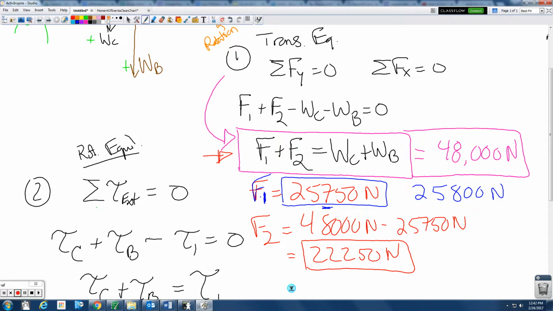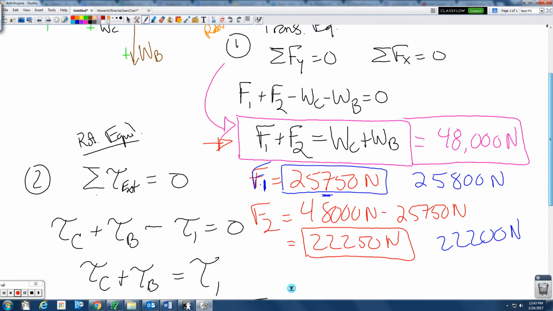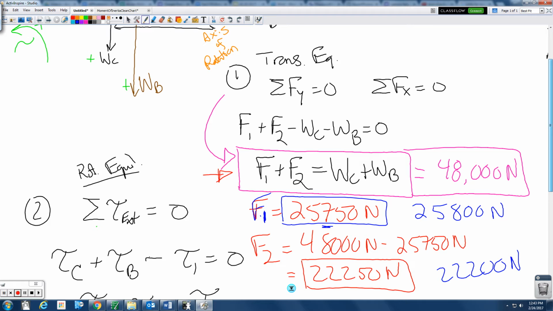So the answers I boxed really make more sense than rounding here, doesn't it? Because this would then just be 22,200, so that it adds up to 48,000. But significant digits aside, because we only kind of care about them. They're not as important as actually understanding what we're doing. So there we get 2 forces.